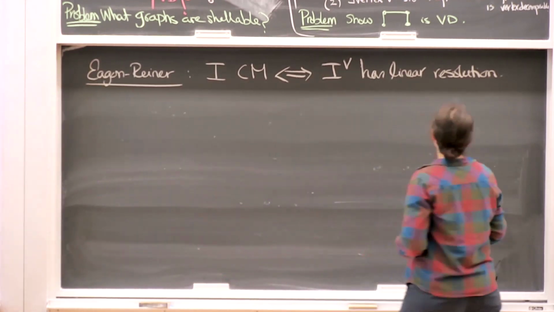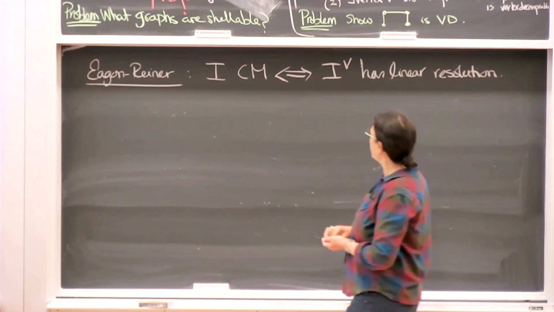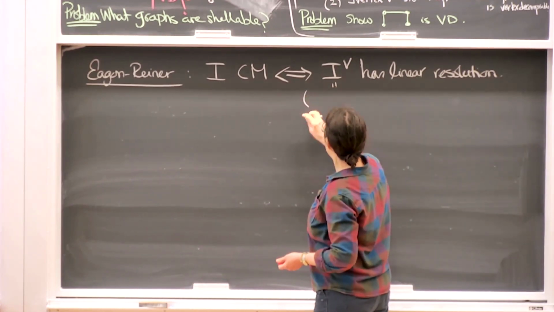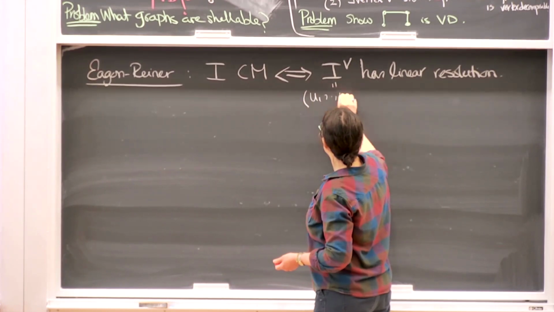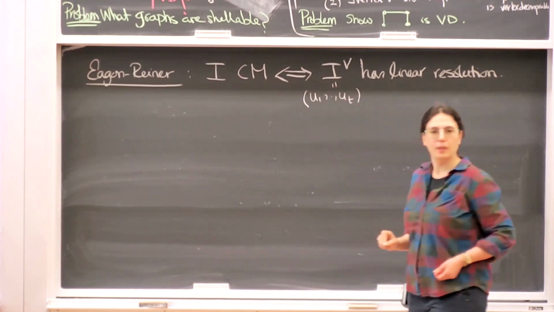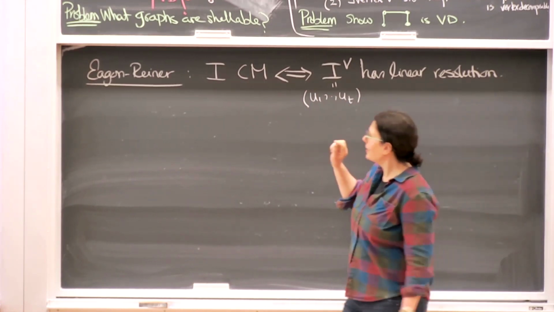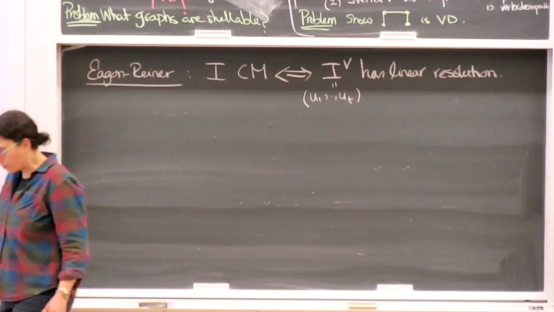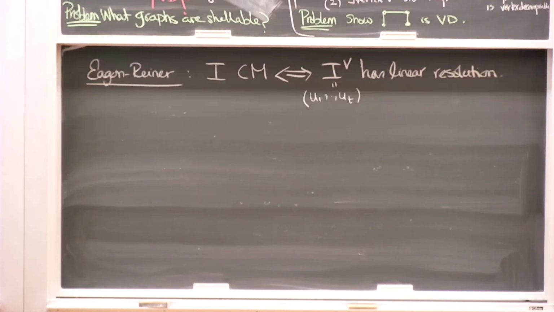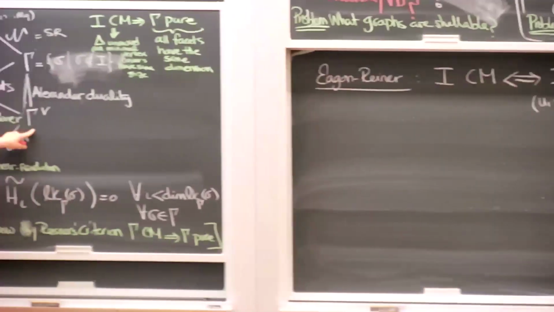Okay, so what does it mean to have linear resolution? Suppose your I-dual is generated by, say, U1 to UT. So it means you can write a resolution. Let's discuss this a little bit before I write my resolution. My I is Cohen-Macaulay, that means it's unmixed.